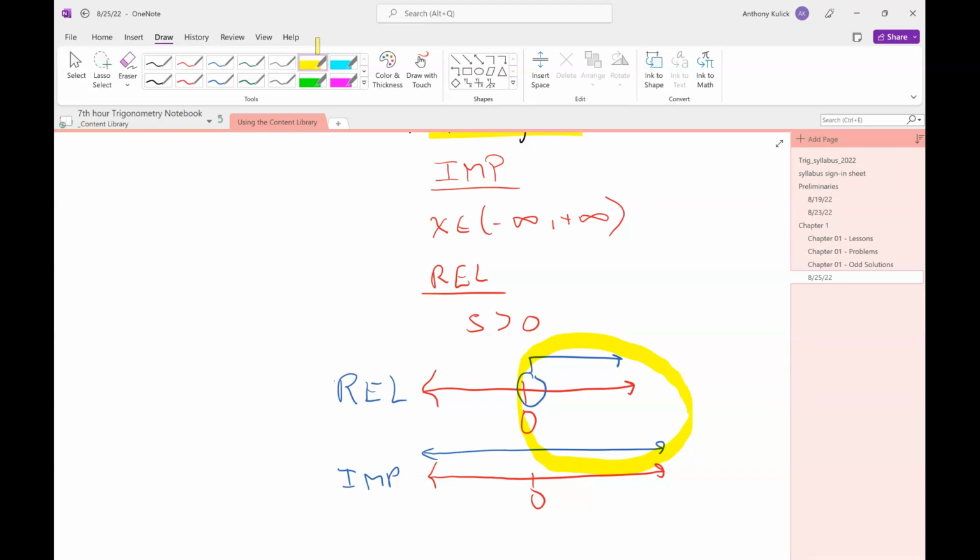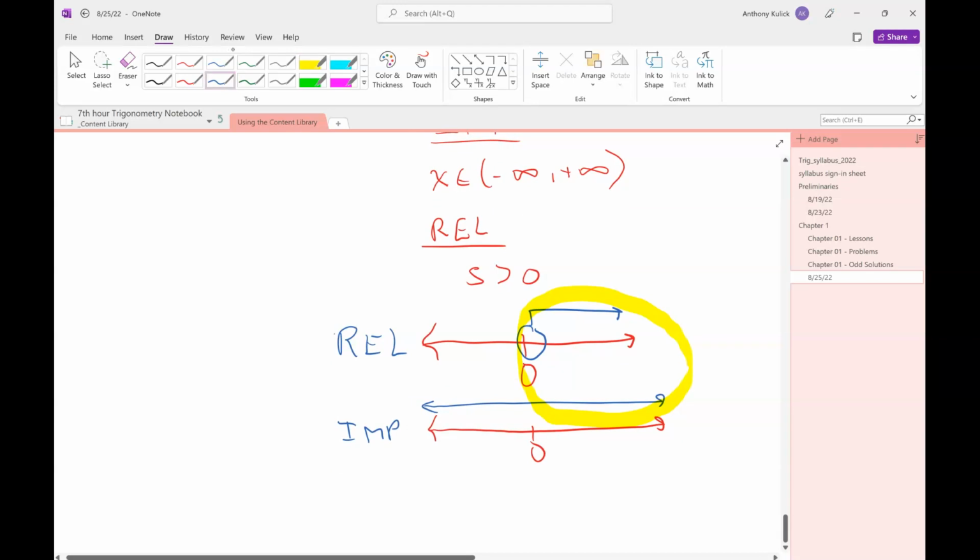Now, this is really easy since the implied is everything. The overlap is just the same as the relevant domain. Everybody's okay with that? So just 0 to positive infinity.